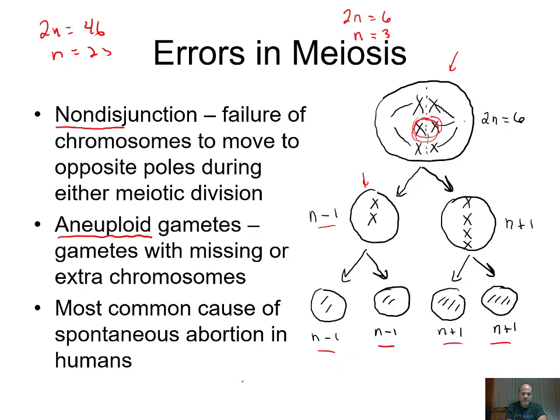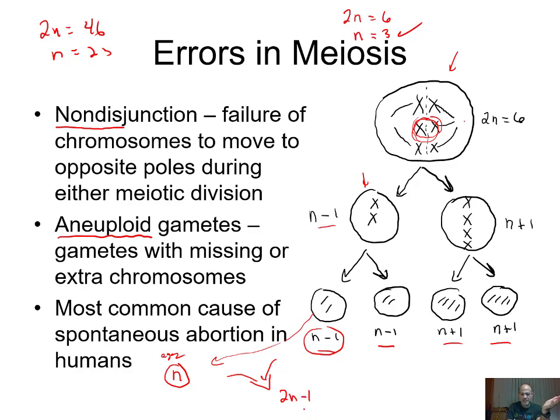Okay. So let's say here, if this is a sperm here and it's n minus 1, and you have a normal egg that's n, in this case n is 3, right? And this is an egg, and this is a sperm, and this sperm comes and fertilizes this egg. Well, it is n minus 1, and this is n. So when they combine, you're going to end up with 2n minus 1.